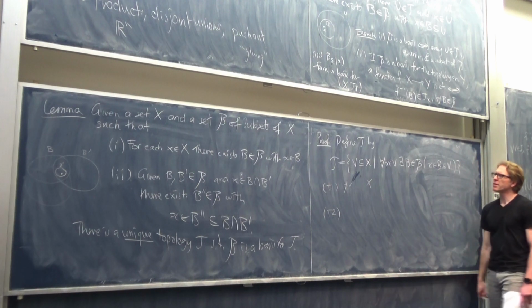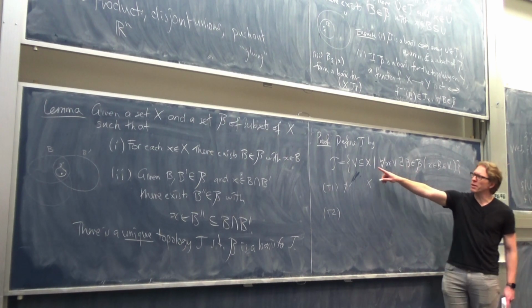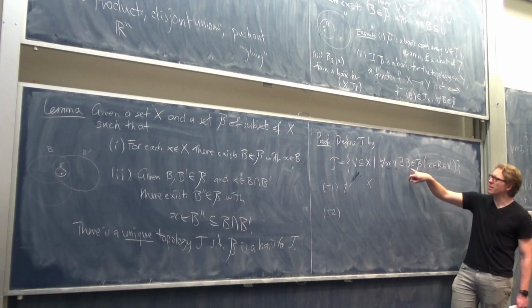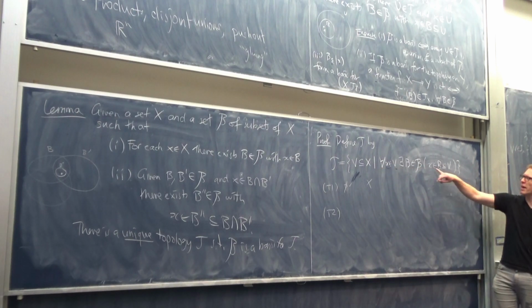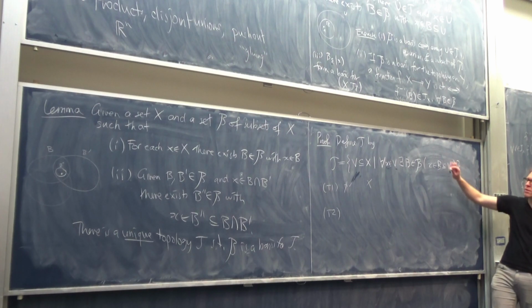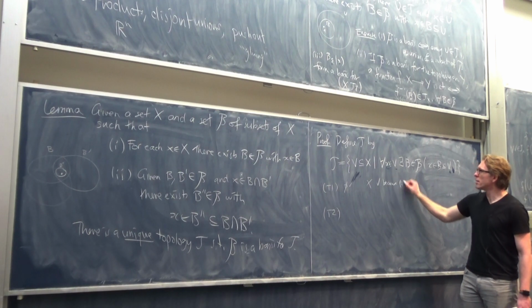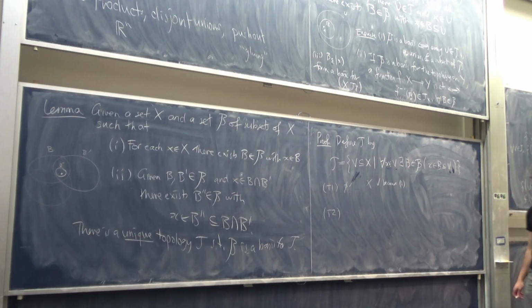If I take X, well, that's exactly what condition 1 says, right? For this to be true for V equals X, I'd need for all x in X, there exists a B in B with x in B, and that part is content-free. So that is exactly what 1 tells me.